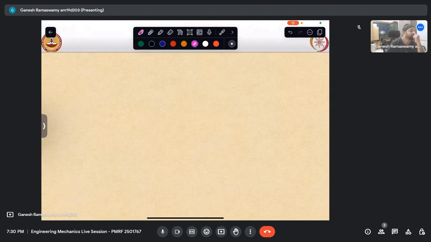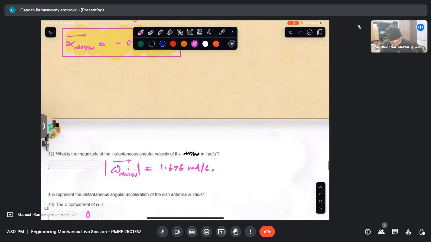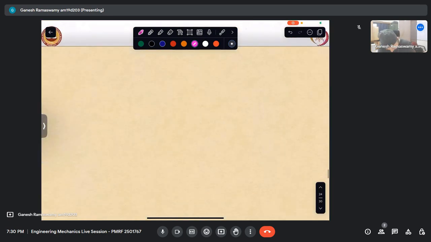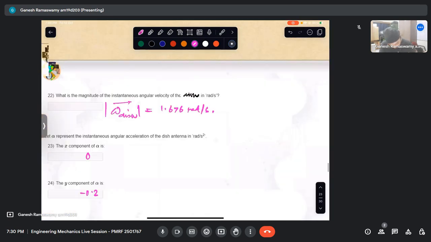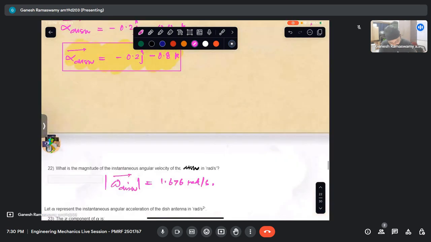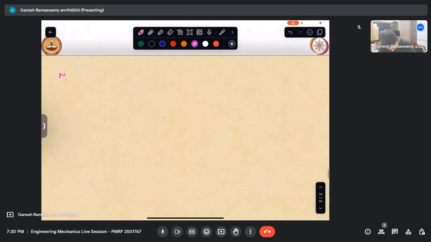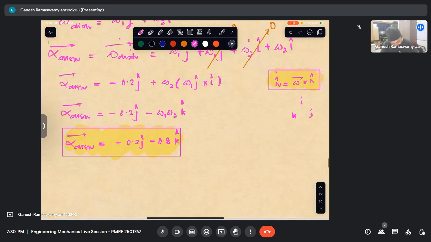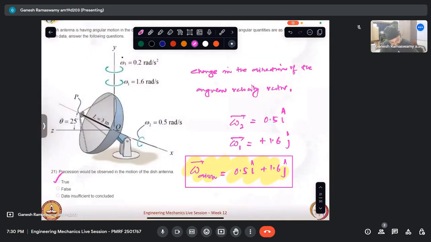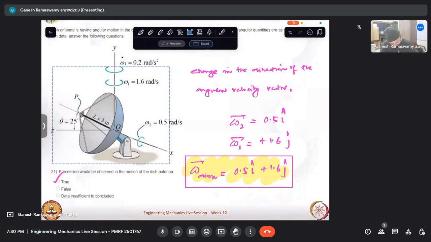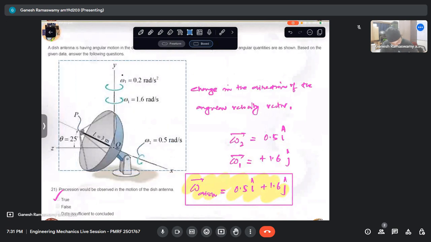So now that we have omega dish and alpha dish, let us write out r of point P with respect to Q for this problem. Let me take the full figure here, copy, and put it here.